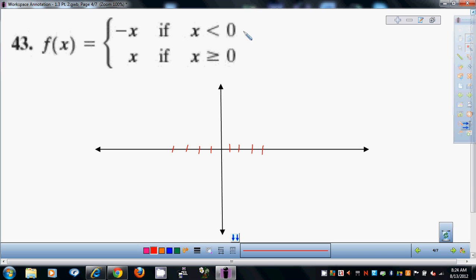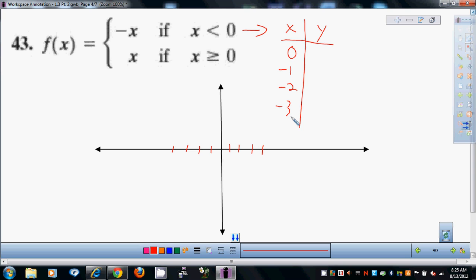I'm going to start with the first function. I'm going to make an xy chart, or an f of x chart. Doesn't matter. Now I'm going to start at my breakpoint. Even though it doesn't equal, I still have to know where it's going to stop. So I'm still going to start at that breakpoint. And then what values should I plug in along with 0? What are some other values that fit this description? -1, -2, -3, and that should be plenty.